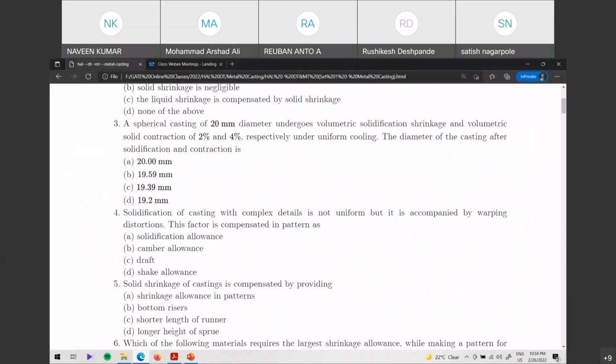And if possible, take previous year engineering service mechanical objective question papers and solve them as much as possible in the limited time. It will be very helpful. Is it okay, Praveen? Am I answering your question?